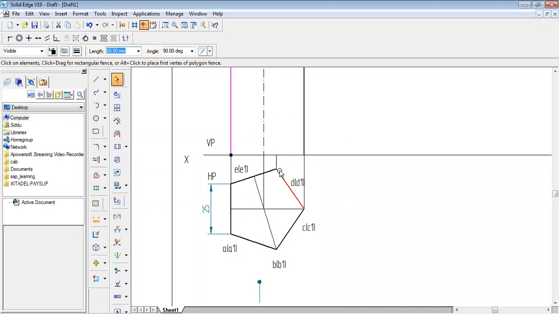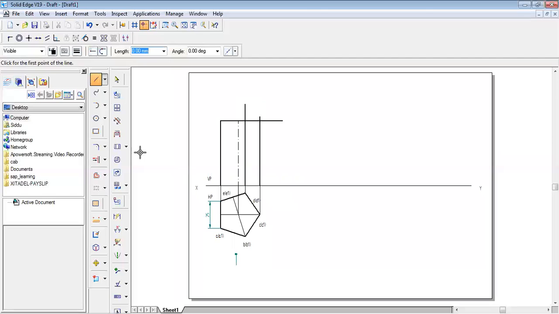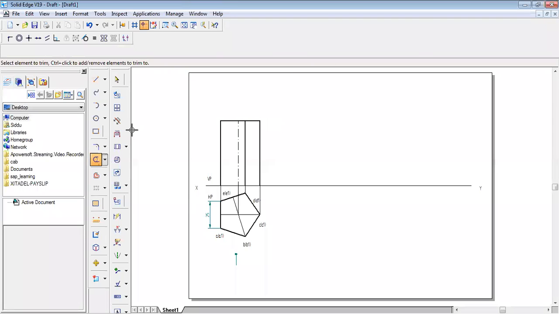C we have already drawn. D, which is unseen, we are supposed to draw with a hidden line. But of course, this is overcome by this edge B. So that hidden line is covered by B edge, which is a seen edge. At the same time E is also supposed to be drawn hidden because it is unseen, but it is overcome by point A. So this hidden edge is covered with a seen edge. So now only this seen edge is left. Okay. So all unwanted lines, you just trim.